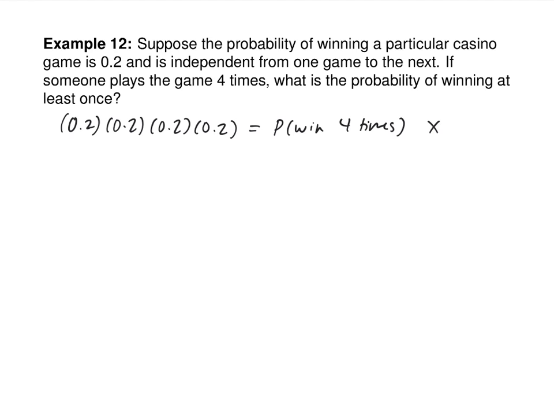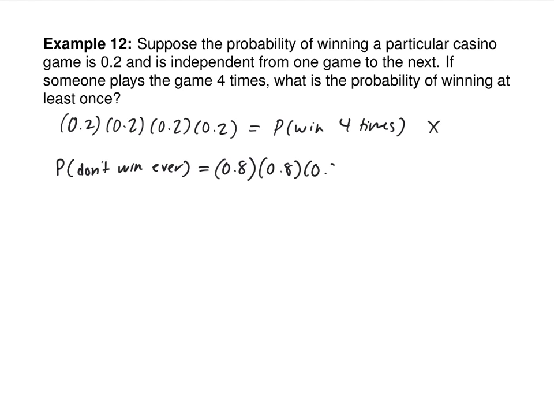Or you could do it that way and then find the subtraction thing. You could find the probability that you don't win. There's only one way to not win ever, right? And what would we multiply then? What's the chances of not winning? 0.8. Does that make sense?